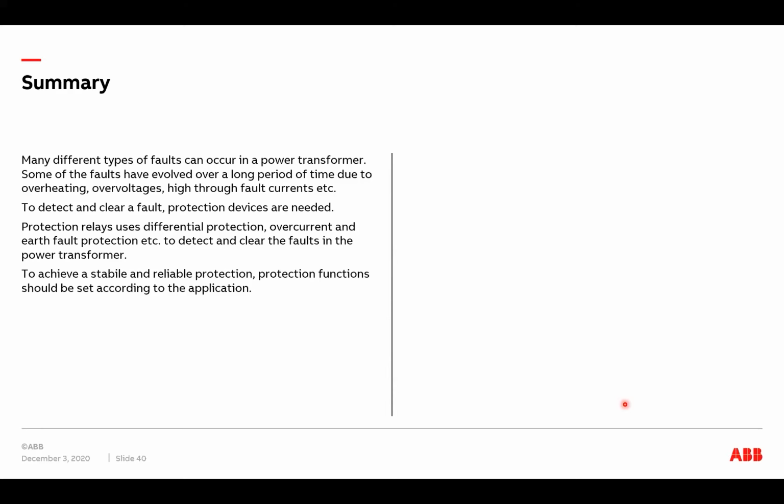So, for example, protection relays are then using the current measurement from both sides of the power transformer. And with help of these current measurements, we use differential protection, overcurrent, and earth fault protection, and so on.